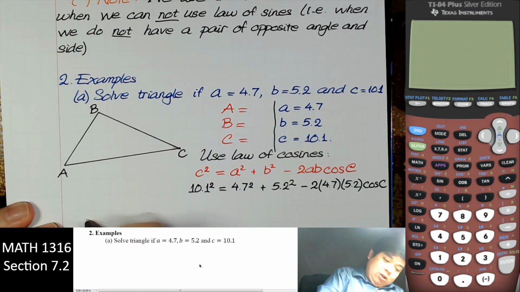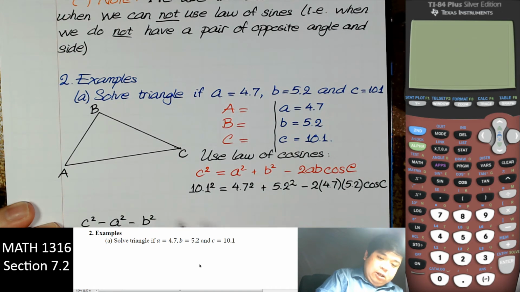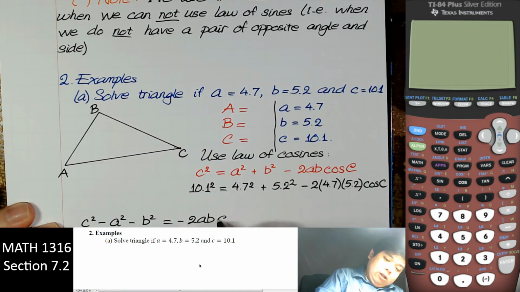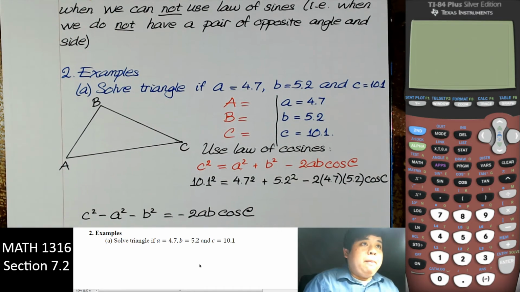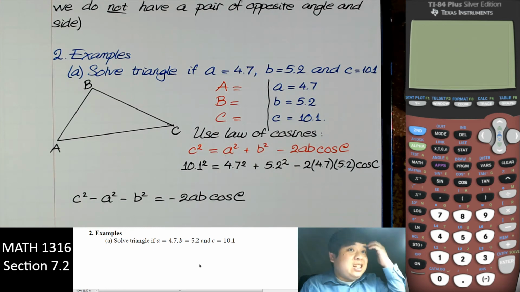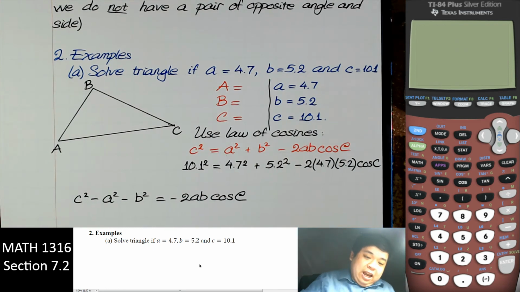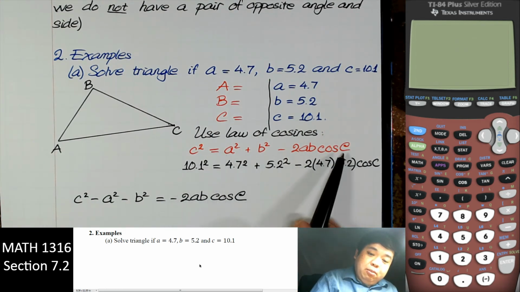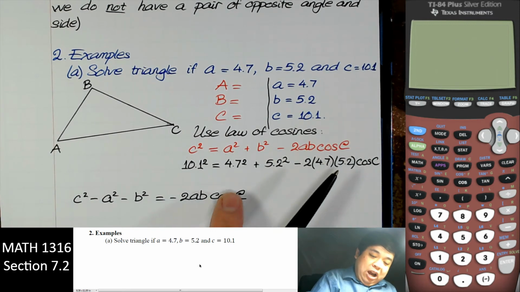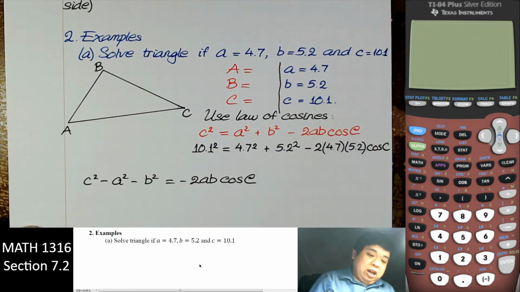So we write C squared minus A squared minus B squared equal to negative 2AB cosine C. Right, don't put the numbers there yet. And now we know everything but the angle C, so we isolate that, divide by negative 2AB.